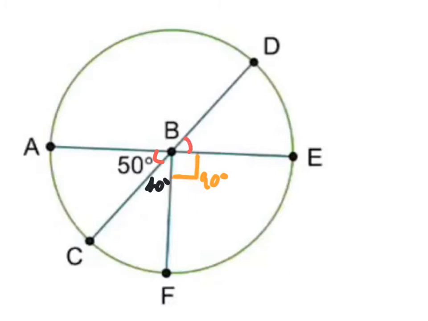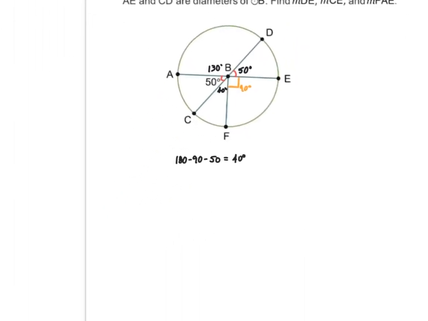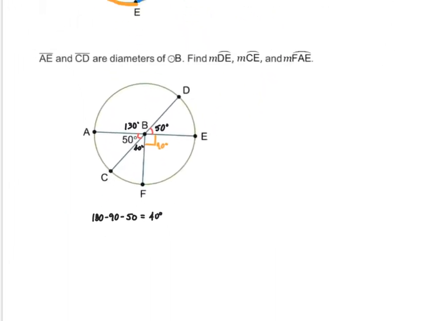So this angle here is 50 degrees. Since this whole thing is 180 and this is 50, I can conclude that this angle here is 130 degrees. That's the first thing you need to do, figure out all those angle measures, and then we can go on and figure out the arc measures.